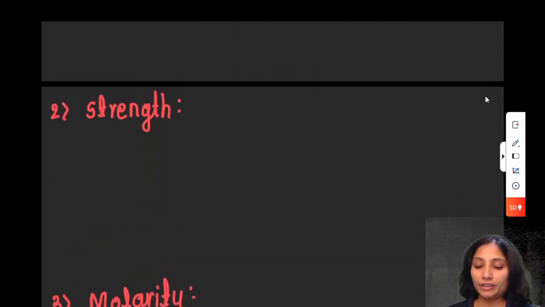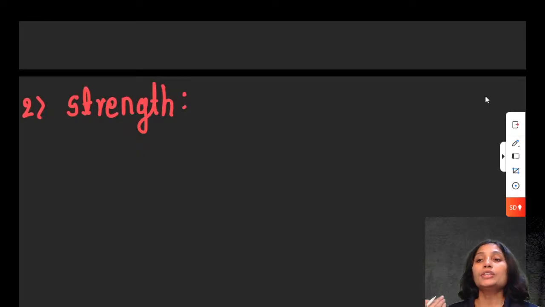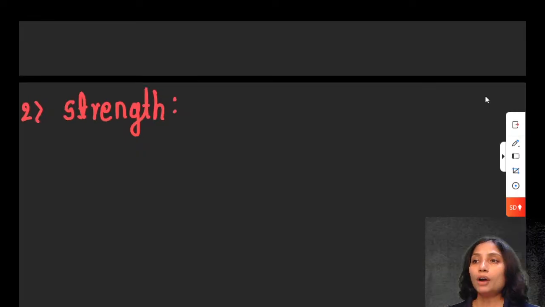And the next concentration term we have is strength. How to calculate strength?